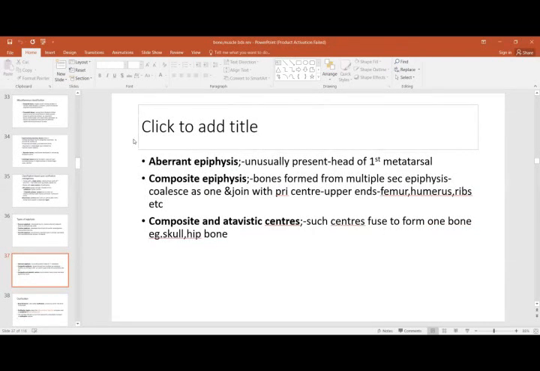Then you can have aberrant epiphysis, usually present at one side, like the metatarsal. Composite epiphysis is formed by multiple secondary epiphyses that fuse together, a combination. So you can have multiple types of epiphyses. That is, the secondary center forms in 2 or 3 ways. That is why it is given the name epiphysis.